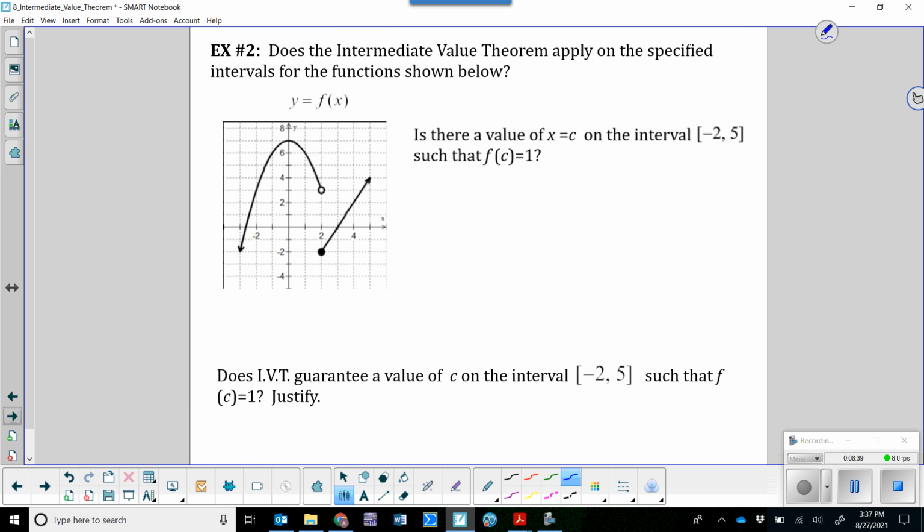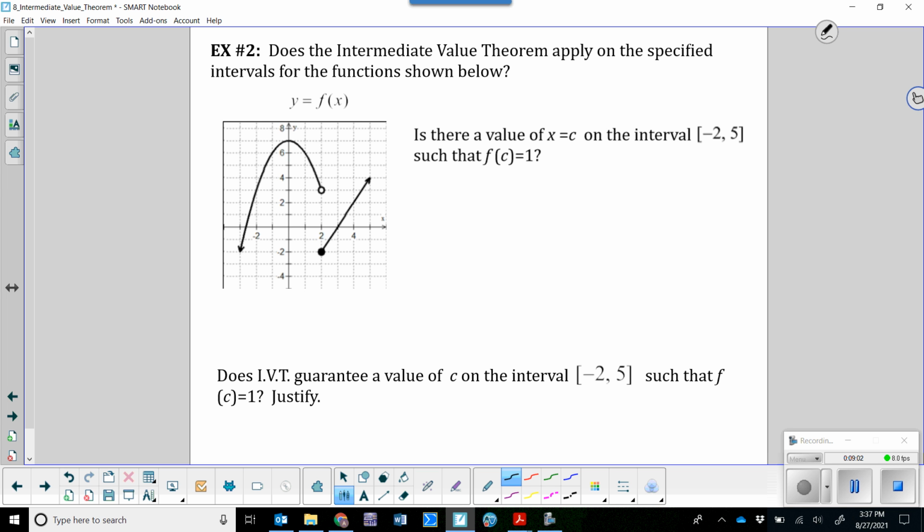So let's look at example 2. Example 2 says, does the intermediate value theorem apply on the specified intervals for the function shown below? The question says, is there a value of x equals c on the interval from -2 to 5 such that f of c equals 1?